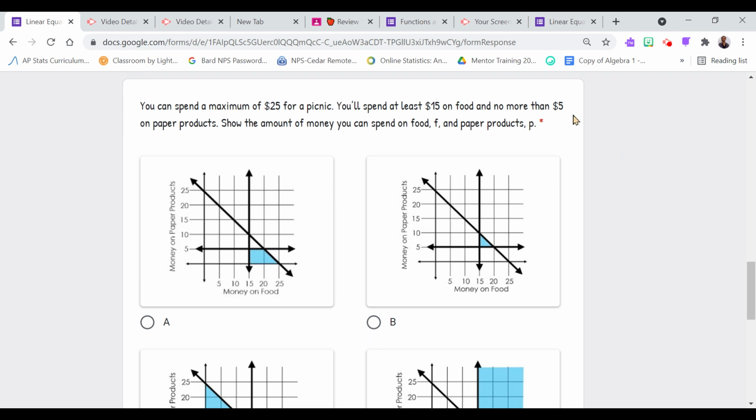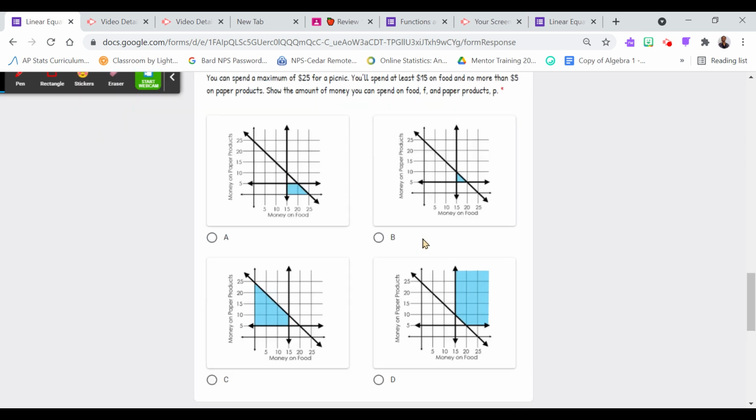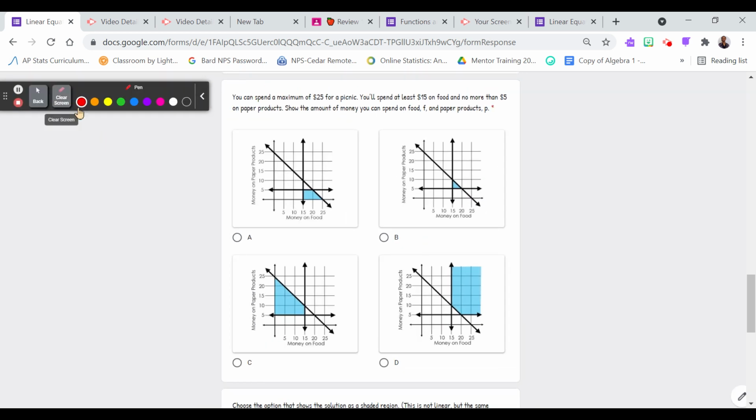So we have 15 times food, whatever we spend, plus 5 on paper. And it says maximum is 25. It has to be less than or equal to 25.